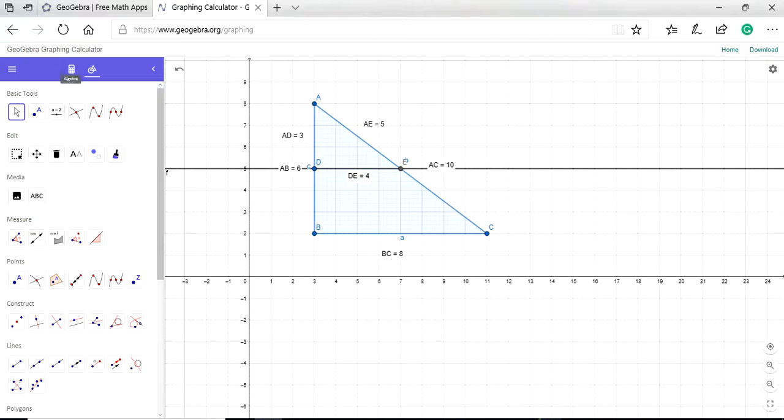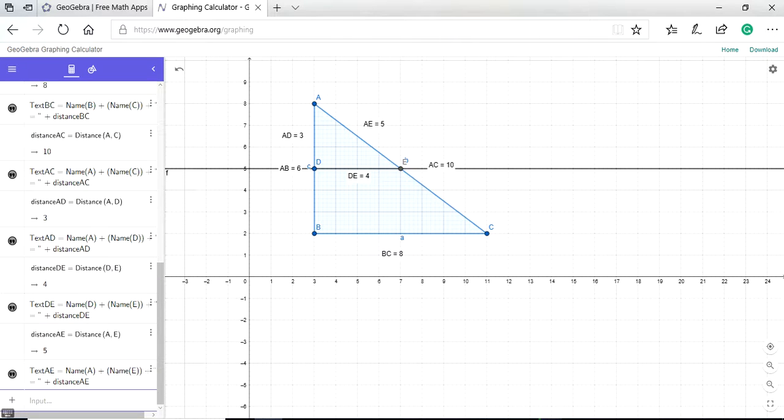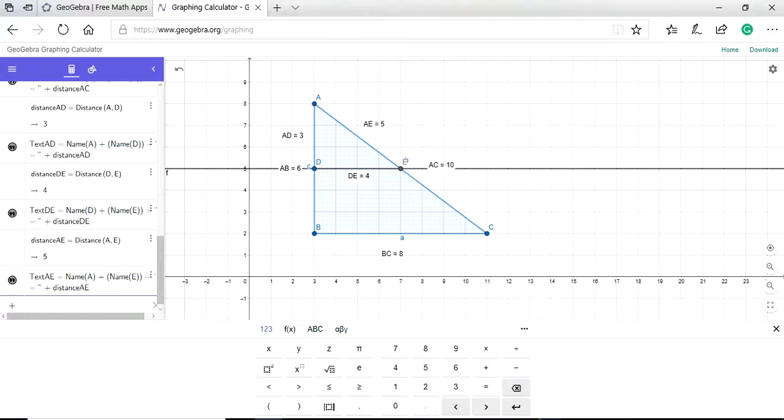So what we're going to do now is put this into the formula. So we're going to have our R1 equals the distance of point A to B, so A comma B, over the distance from A to D, because they're both on the same side.